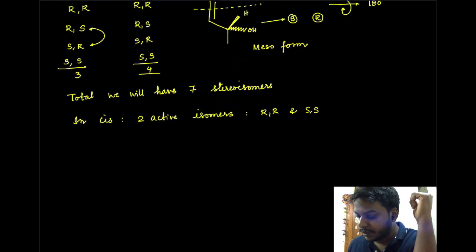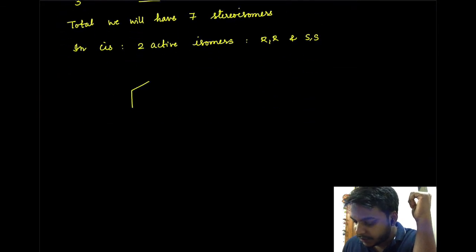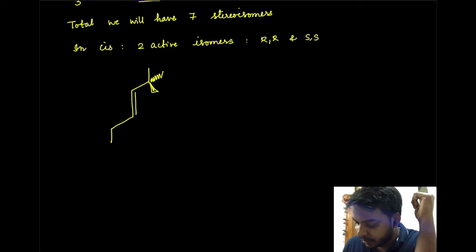But in case of trans, what you can see here is a double bond, and this is how the group is. If it is this way, and here we have, let's say, OH and H, and here we have H and OH.